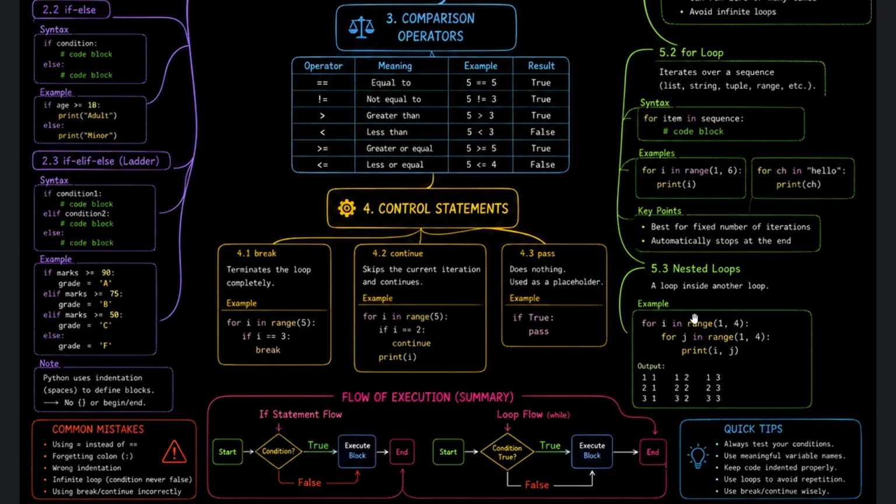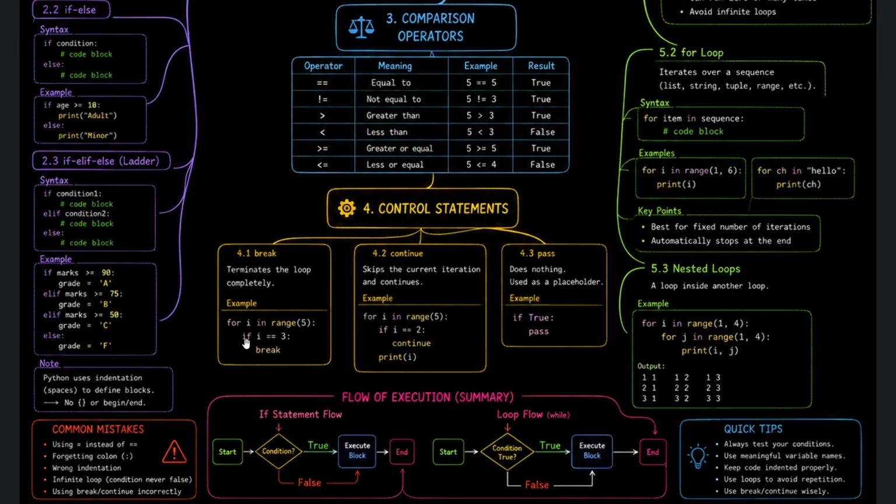So basically, here you can see how loops and conditionals work. For example, we are using an if statement. So the statement starts and it gives a condition. And if it is true, the block of code is executed, or if it is false, some other block of code is executed and the statement ends. And how a loop works, the loop gets started and it checks whether the condition is true.